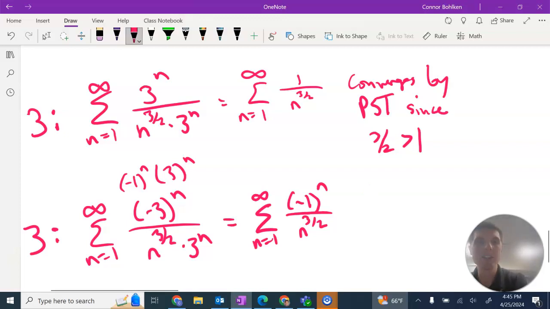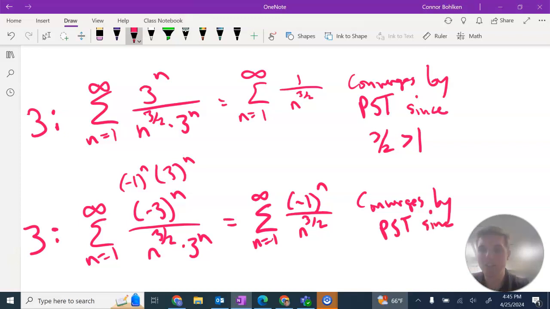If you wanted to use alternating series test, you could. If you wanted to say something about absolute convergence, you could. But I'm just going to say p-series test. So converges by p-series test. I guess for that matter, you could use integral test for both of these. No, you couldn't use integral test for this one, but you could have for the previous one.